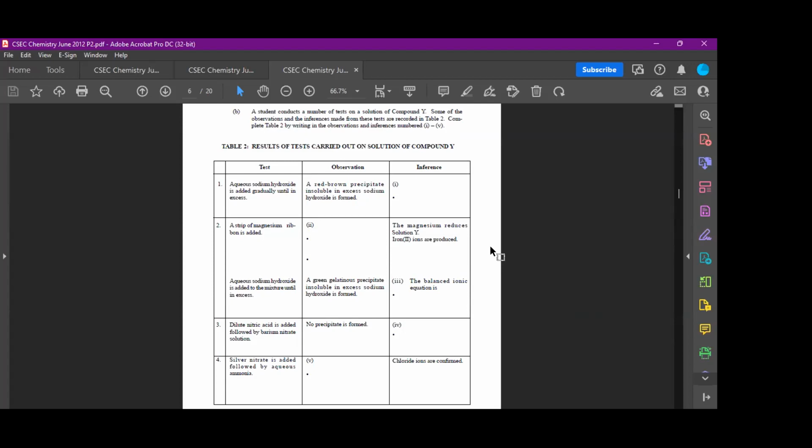Now, the cations are very straightforward. If it is a colored substance, it will be easier to pick out because copper is always blue, iron is either red, brown, or green. And you will always have these colors coming out.